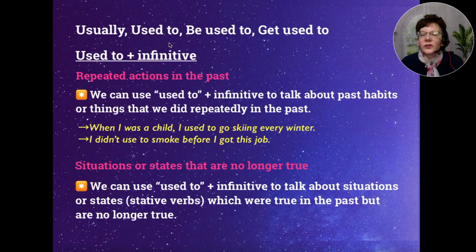Okay, so usually, used to, be used to, and get used to. Let's talk about used to with the infinitive. This is for repeated actions in the past. We can use used to plus infinitive to talk about past habits or things that we did repeatedly in the past.